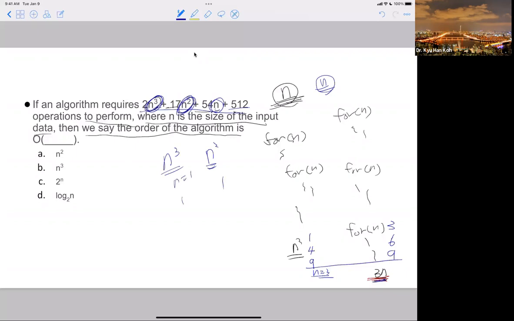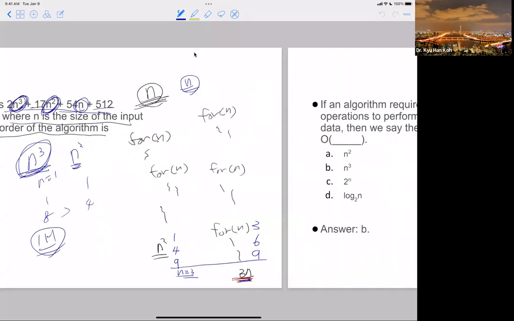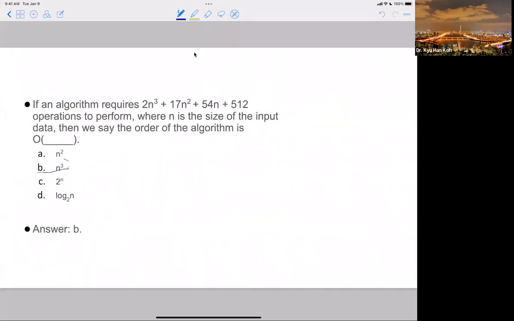And n is 2, that is a small difference. But if you increase to like 1 million, then that would be a pretty big difference, right? So when we analyze algorithms, we concern about only the highest order. So that's why we use big O n cube. We just drop the constant, and this is lower, it's not the highest order. So that's why we only think about the n cube.